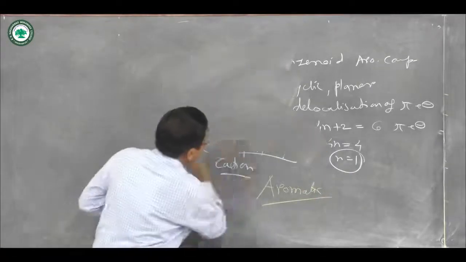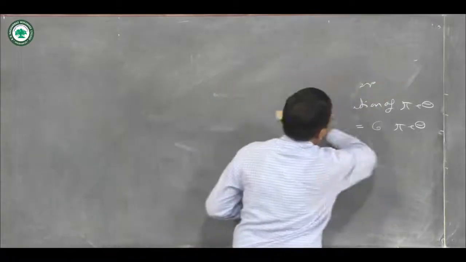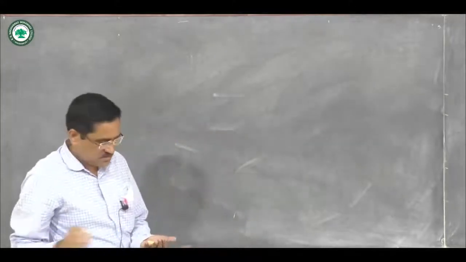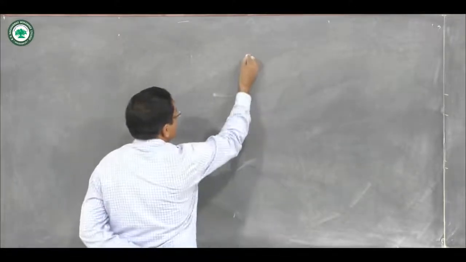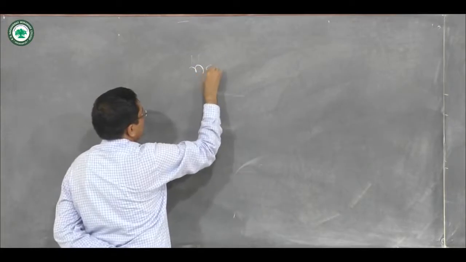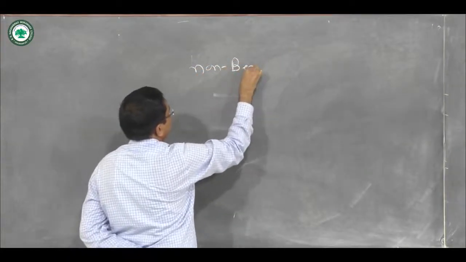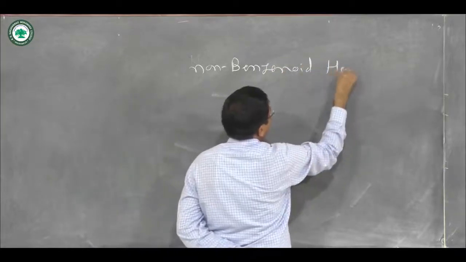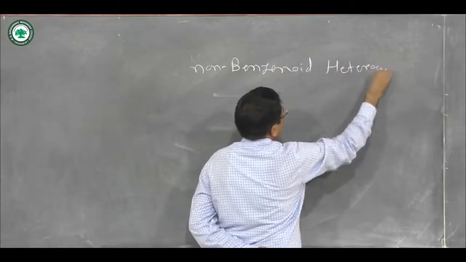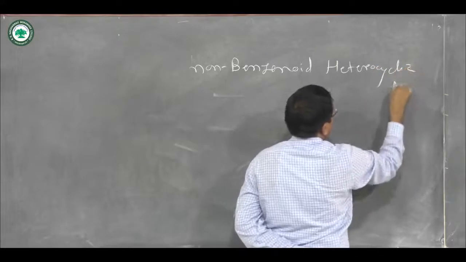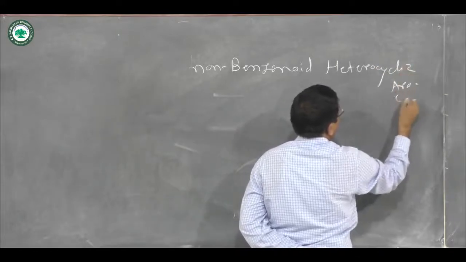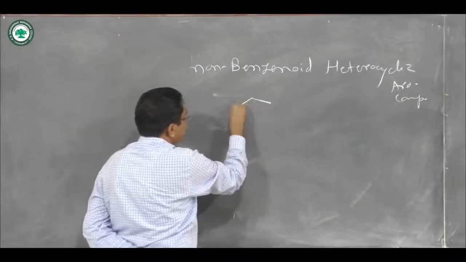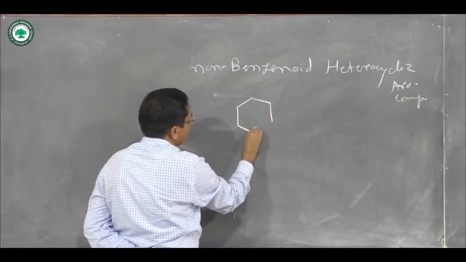Now we will take an example from non-benzenoid heterocyclic compounds. Heterocyclic means there is one heteroatom other than carbon.